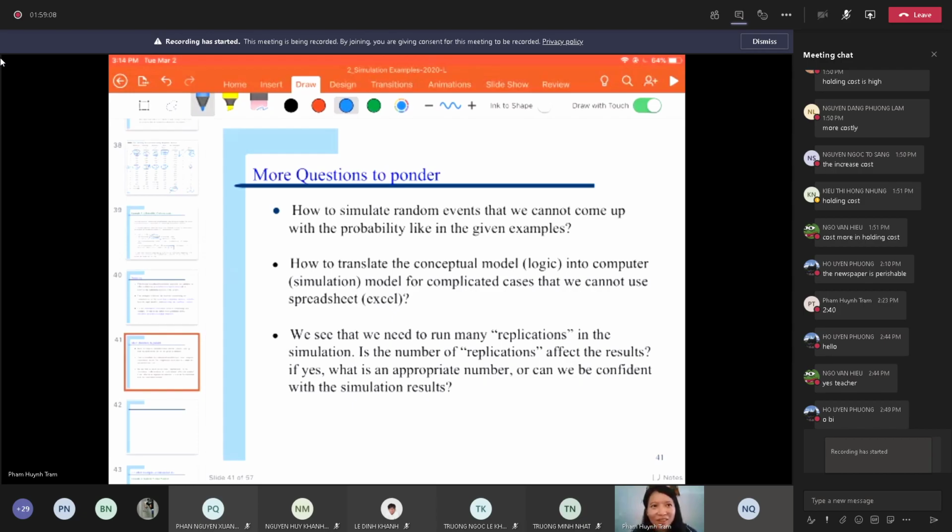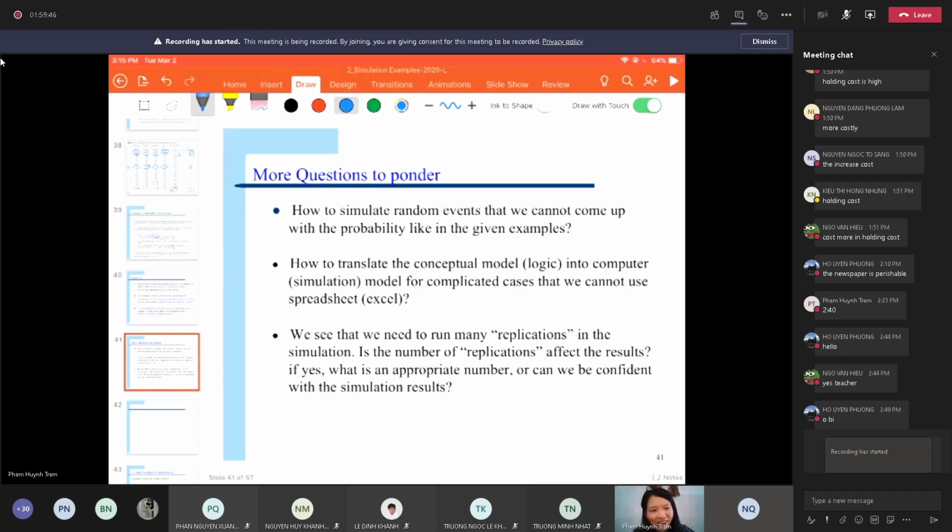That's what we will learn in the next lesson: the method that people use with a programming language to simulate a system in general, and the way people use simulation software. How do they construct their thinking in putting it into a programming language or into simulation software?